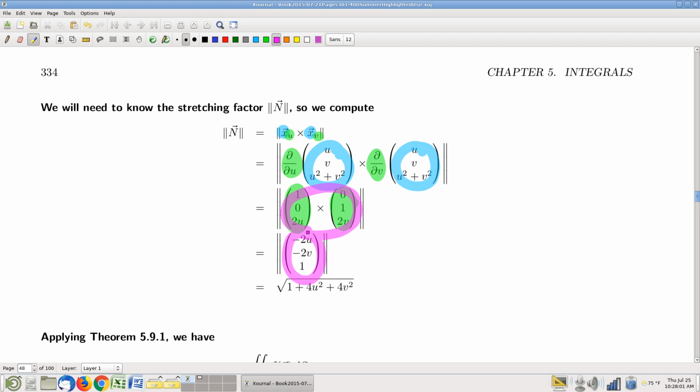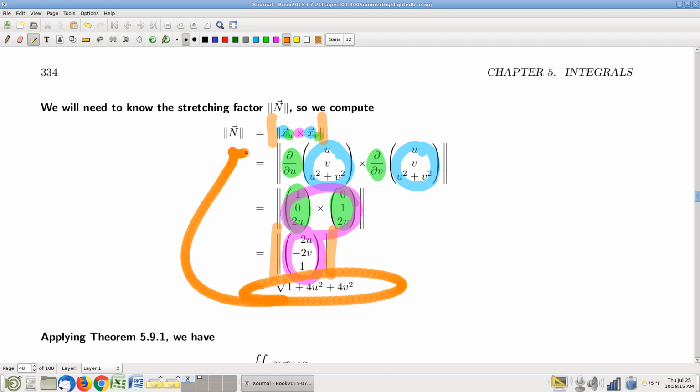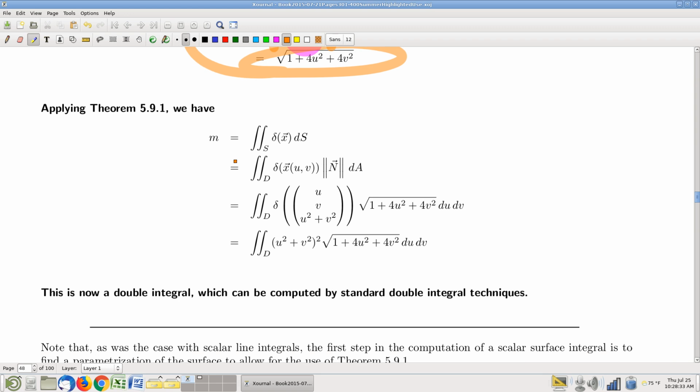You just plug and chug, write it down. And then having done the cross product, now we have to take the magnitude of that cross product, and that gives you this. So there's your stretching factor. It's a kind of an ugly little formula, but there it is. Everybody see how that works? Straight out of the parameterization per a complicated formula that we motivated. Okay. Yeah, so now it's all plug and chug.